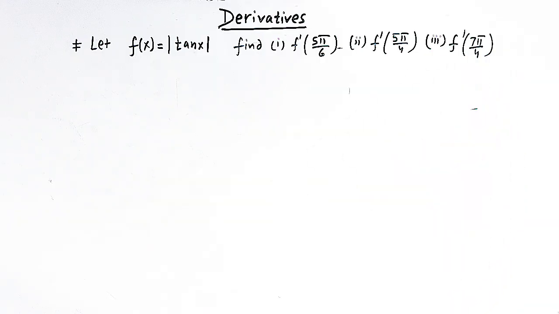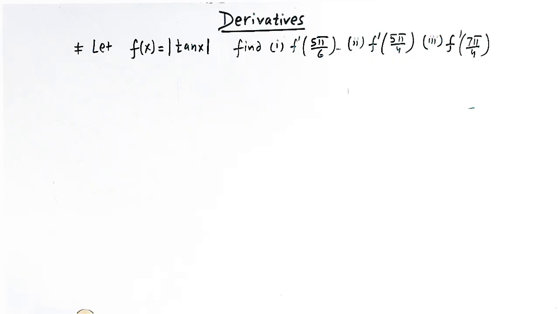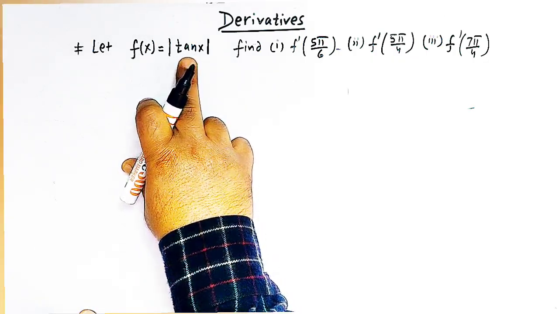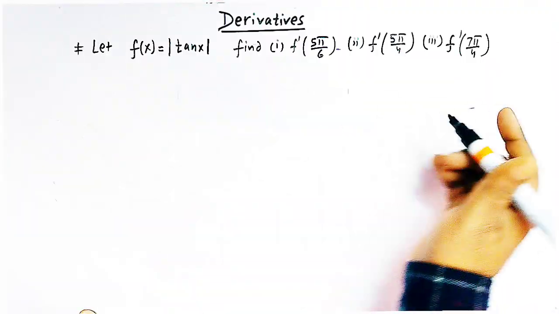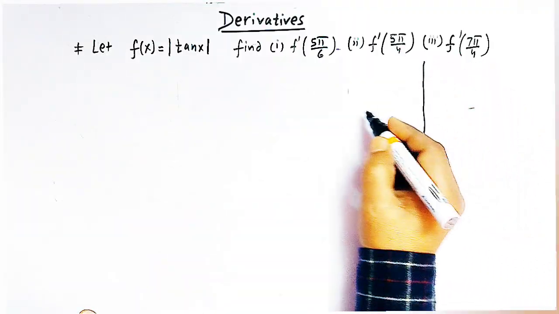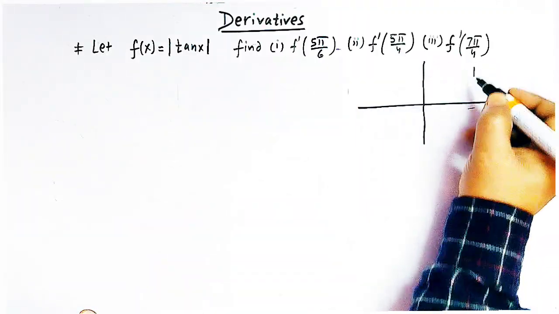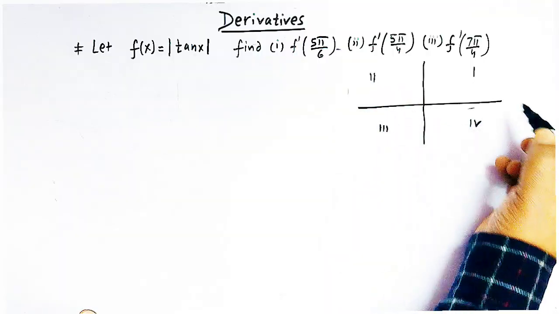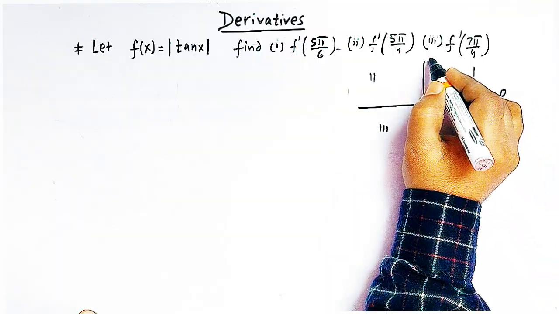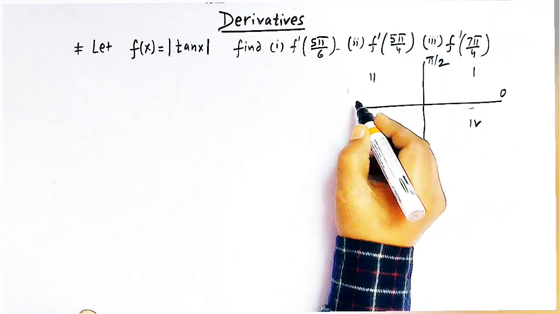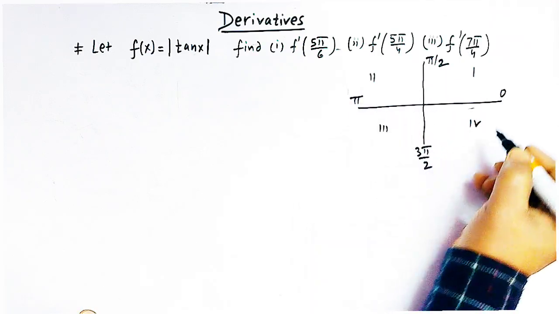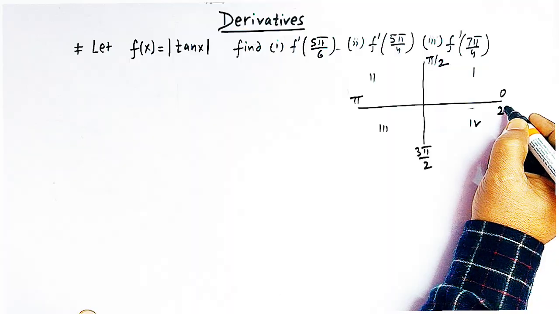using the concept of the mod function. So let us first see the sign convention for the function tan x. Here we have the four quadrants. This is the first quadrant, this is second, this is third, and this is fourth. Here we have 0, pi by 2, pi, 3 pi by 2, and 2 pi.